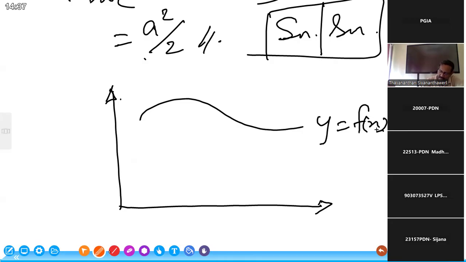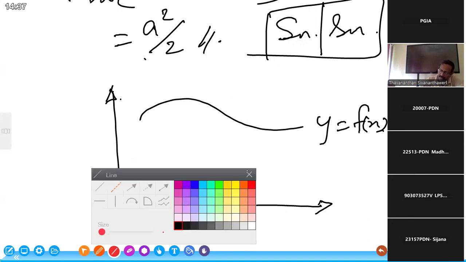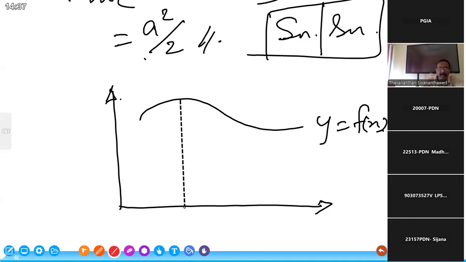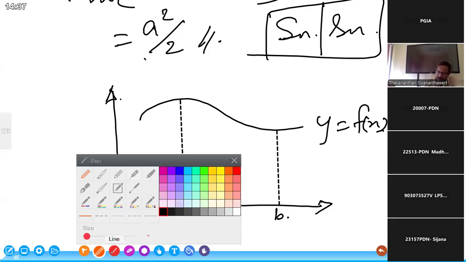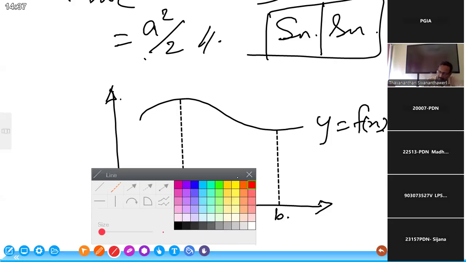I want to find the area between two x values. Let's say this x value is a and this one is b. What I do is try to make this into different small rectangles.